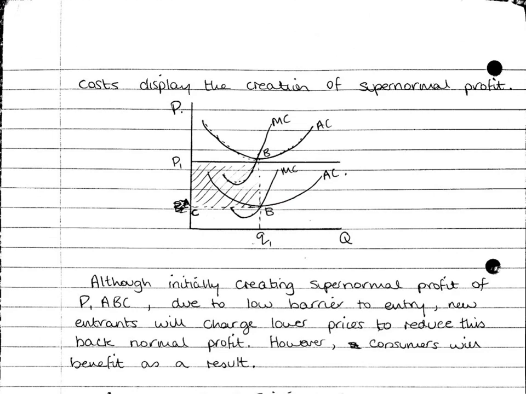I can see smaller firms, you're going with a perfect competition analogy and the idea of lower costs and the creation of profit. I think it's acceptable in general terms. I mean, supernormal profit due to low barriers to entry, that doesn't make sense.